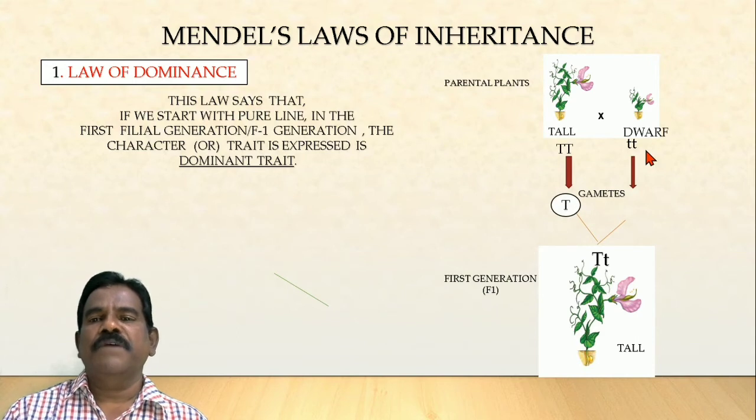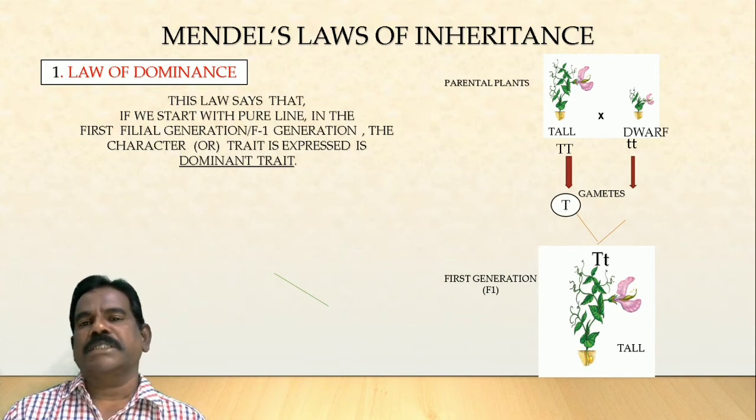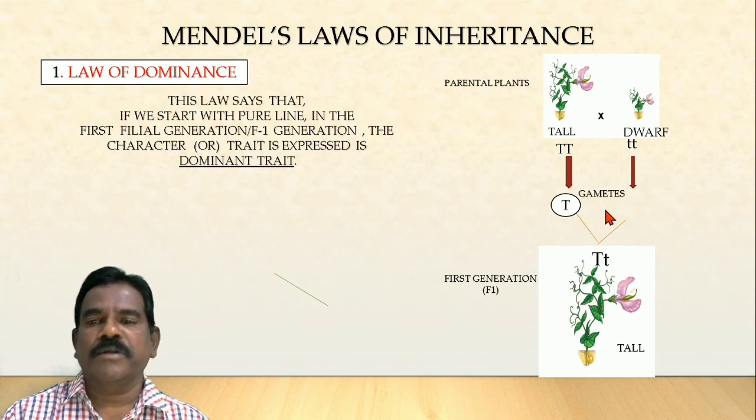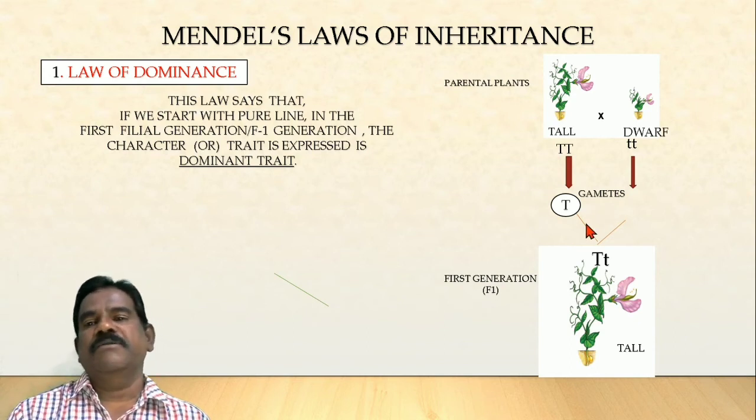So whenever we make a cross, these parental plants produce gametes. The gametes bring genes.